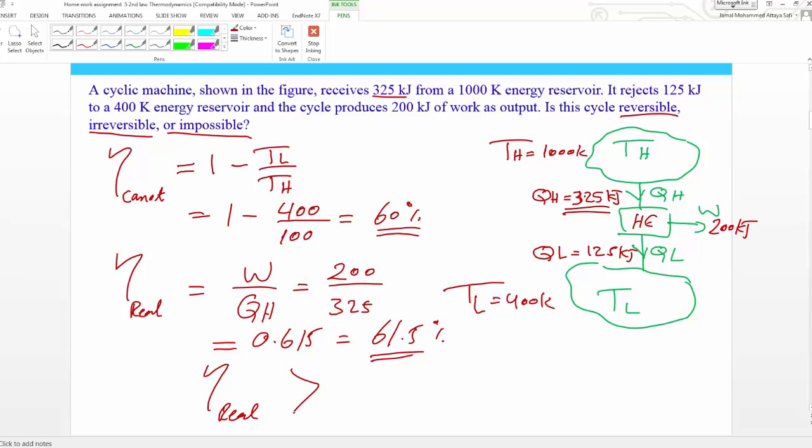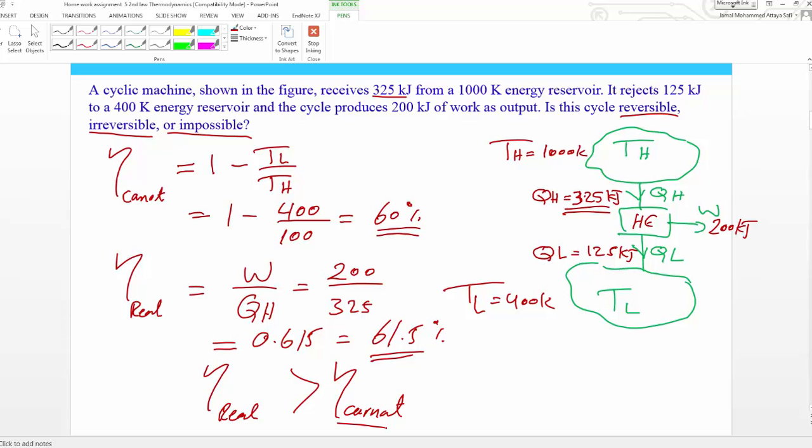Now, if you compare between those two, you know that the efficiency of the real one is larger than the efficiency of Carnot. And we know that cannot happen, because according to what we have learned, according to Carnot, the best and the highest efficient heat engine that you can connect between those two reservoirs will have the efficiency of a Carnot.